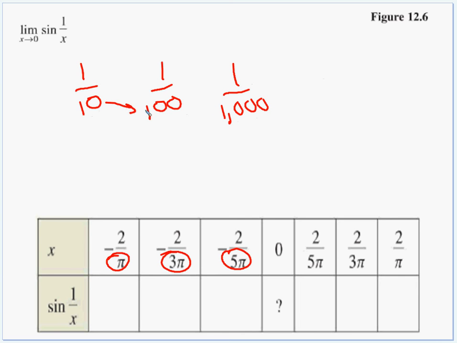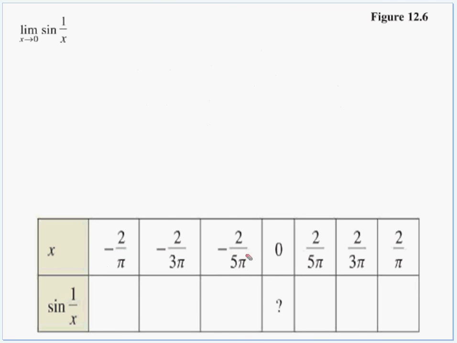As that denominator grows bigger, this is getting a smaller and smaller value, and we are approaching 0. So again, these seem odd, but watch what happens when we start plugging some values in. Here on the plus side, we get the same reflections of those. 2 over pi, 2 over 3 pi, 2 over 5 pi. As we get closer to 0, our fractions are shrinking in value.